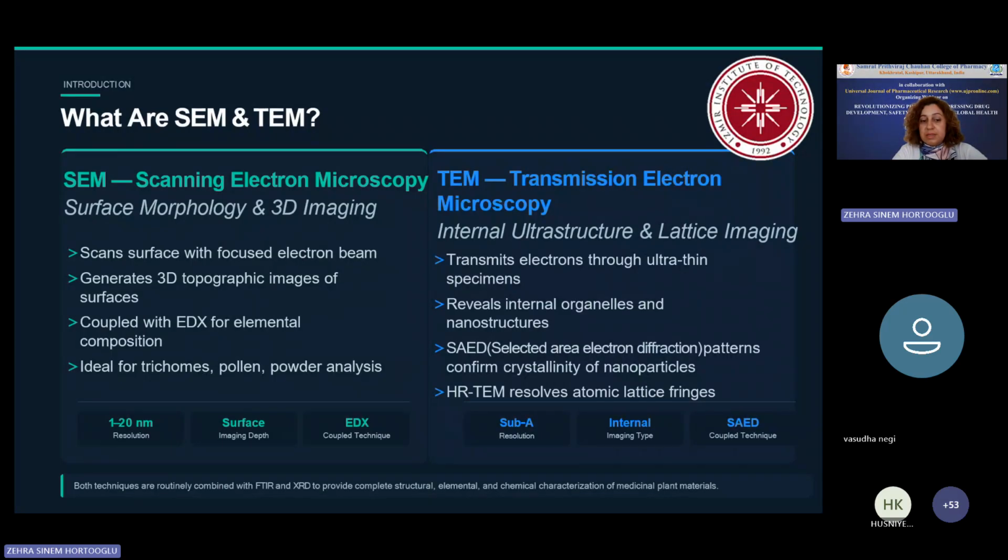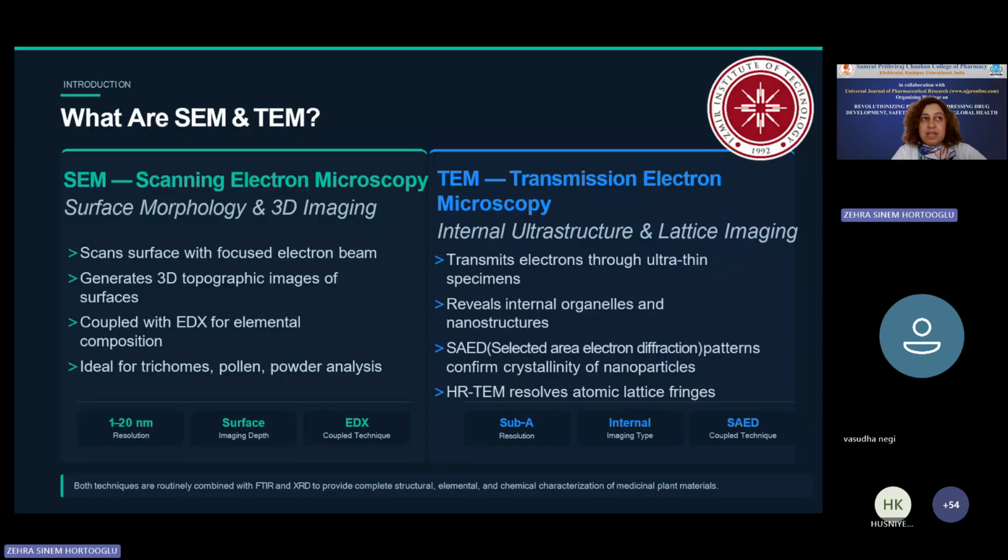For example, in plants we see trichomes and pollen powder analysis. The imaging depth is the surface. TEM shows internal ultrastructure and lattice imaging.